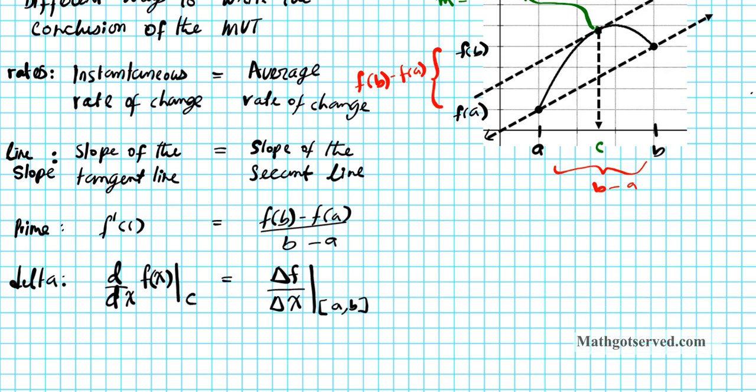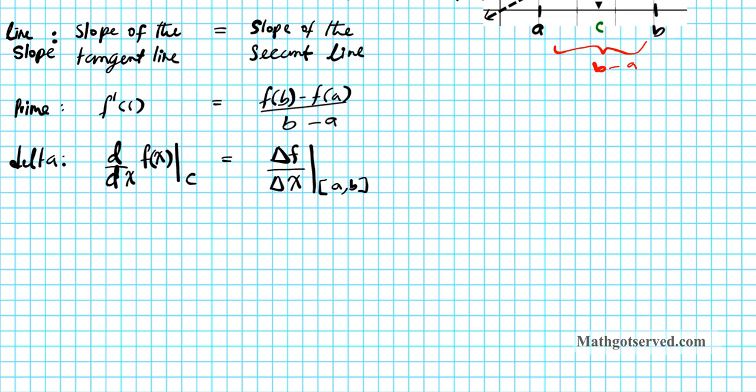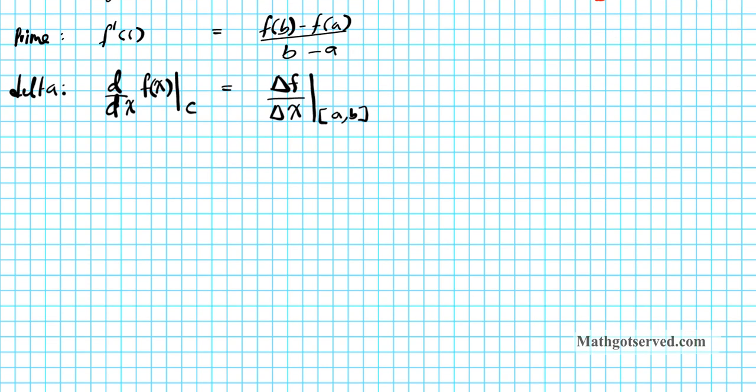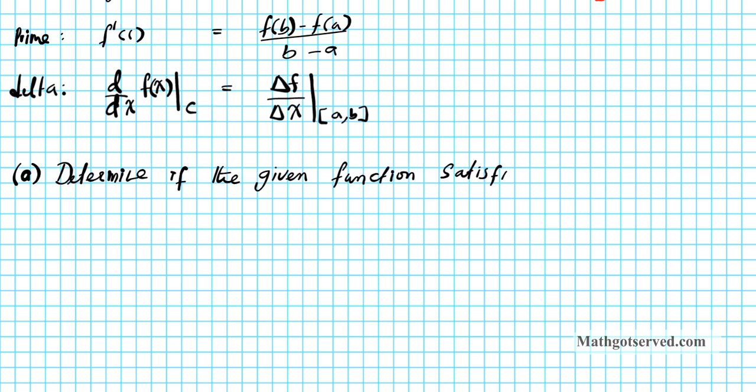All right, let's go ahead and take a look at an example. The instructions for the examples we're going to look at are as follows. Part A, we have to determine if the given function satisfies the hypothesis of the mean value theorem.